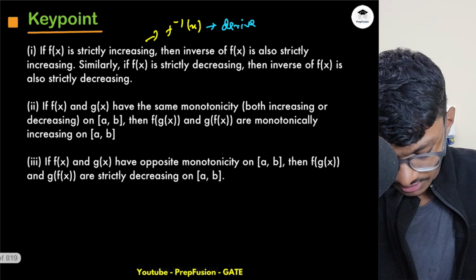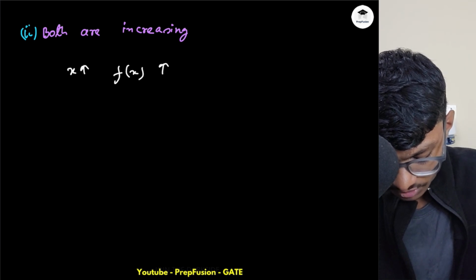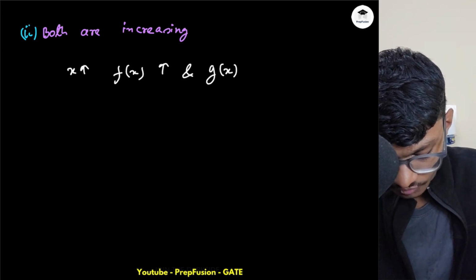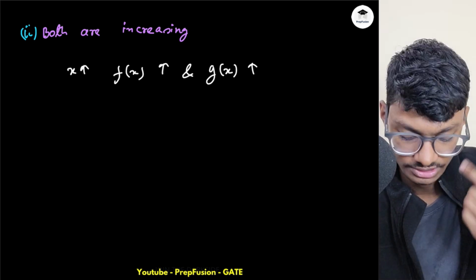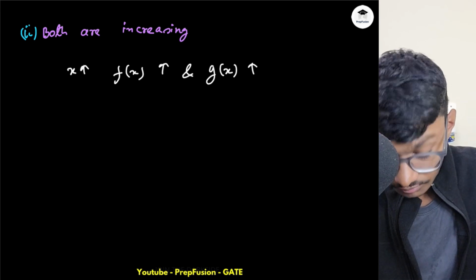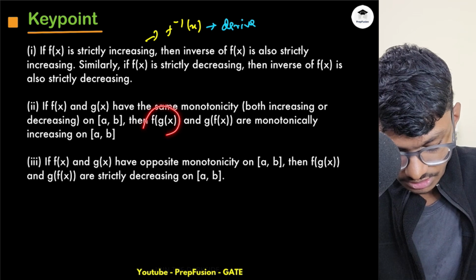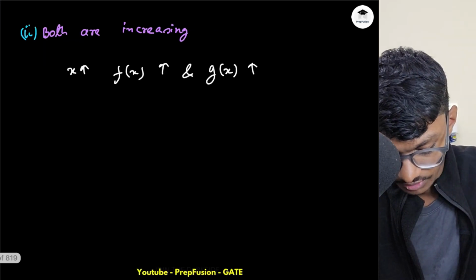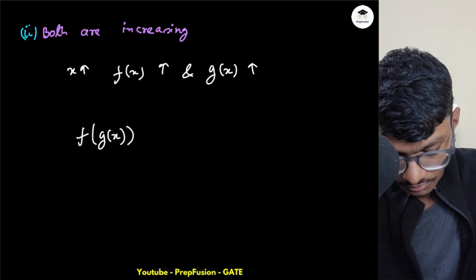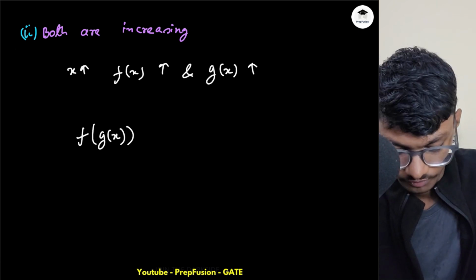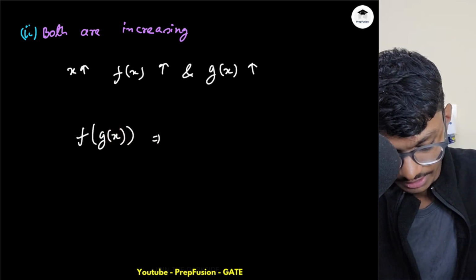If both are increasing, what does that mean? That means as I increase my x, f of x will also increase, and g of x will also increase. Next I am more interested in the composite functions, f of g of x and g of f of x. So what is f of g of x? Let's see what happens if I increase my x.